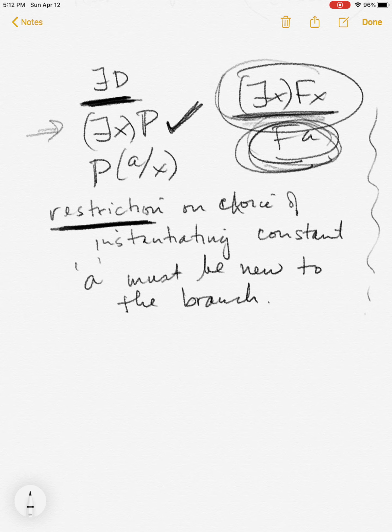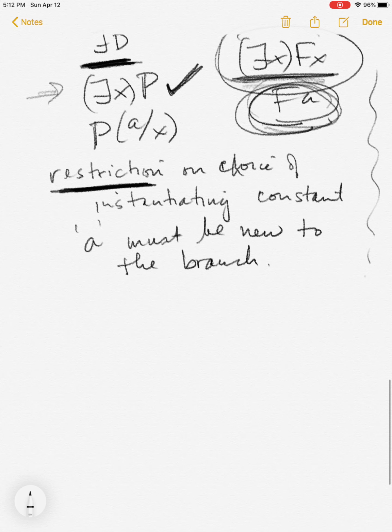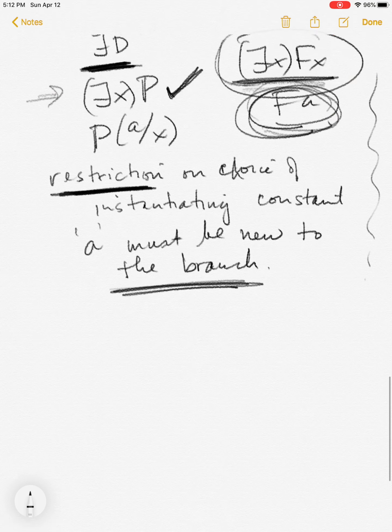Well, I'm going to pick some arbitrary name and say, okay, that's the thing that has the property. Let me give you an example that I think illustrates why A must be new.